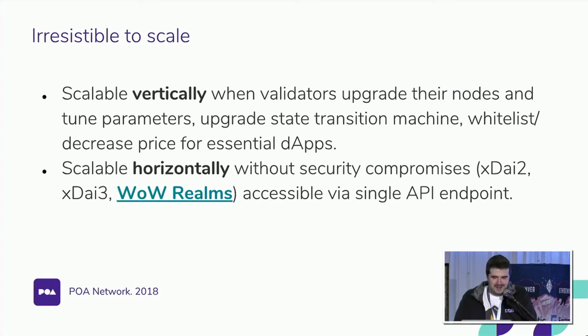This is not from a marketing book, but I'd like to add that it's irresistible to scale. If one would like to scale the system, it's scalable both vertically and horizontally. So vertical scalability is interesting, and I think it's underrated in our ecosystem. There are some public chains with 100 million gas per block, and they exist for, let's say, a year.